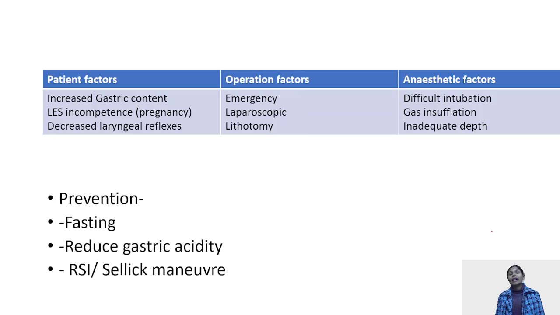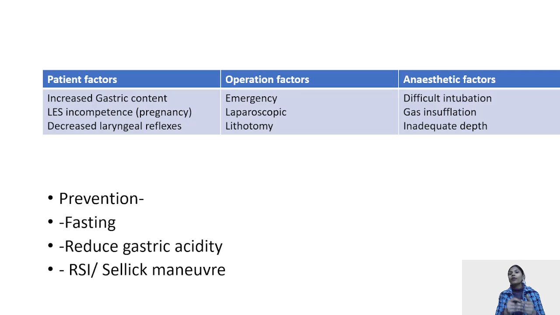And lastly, inadequate depth. So how you have to make the diagnosis of aspiration pneumonitis is that a case will be given which will be suggestive of something related to full stomach, and the patient has eventually landed up in respiratory failure or is showing the signs and symptoms of respiratory insufficiency, pointing towards ARDS.